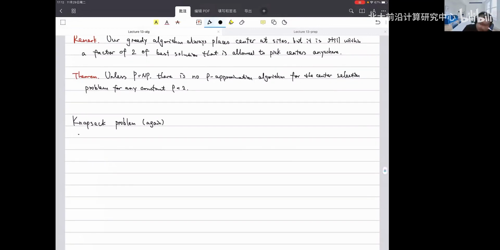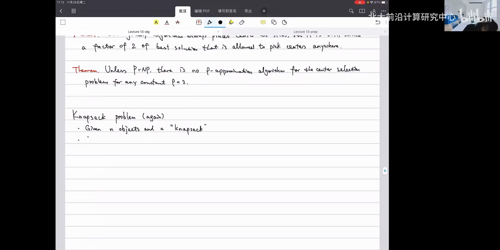In particular, the knapsack problem has the following setup: given n objects and a knapsack. And also, we assume item i weighs wi, which is larger than 0 kilograms.